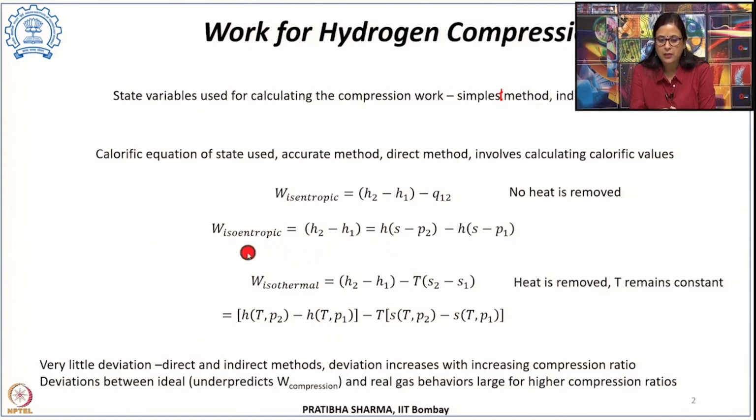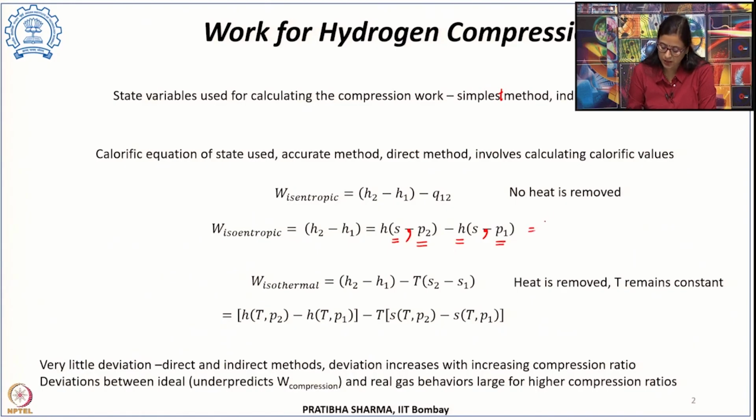So the isoentropic work, which is the difference in the enthalpies, is given by the difference in the enthalpies when the entropy is same for the process S in the state when the pressure is P2 minus the enthalpy where the entropy is S and the pressure is P1.